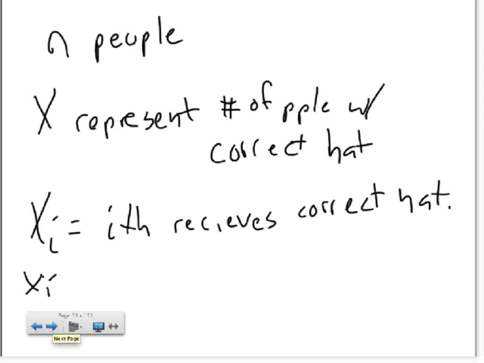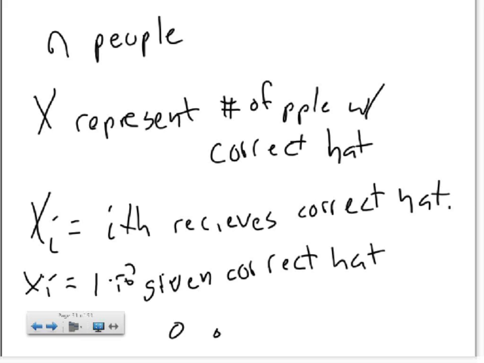And xi is going to equal 1 if they are given the correct hat, or 0 otherwise. Since we have n people, but there is only one correct hat for each person, the probability that the person receives the correct hat is just 1 over n.